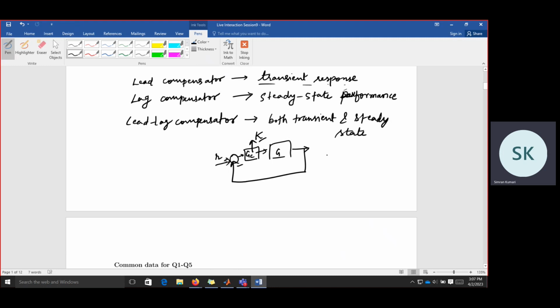While varying the gain, if the roots on the root locus don't pass through the desired poles, then a compensator is designed based on the performance requirement given by the designer.